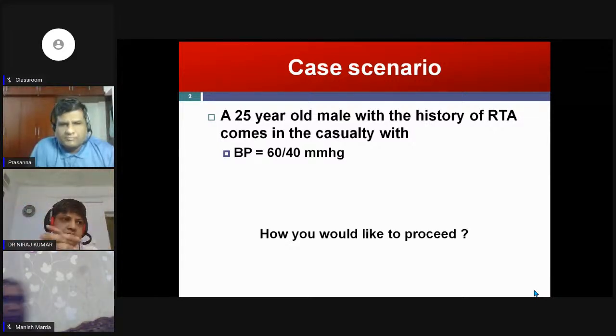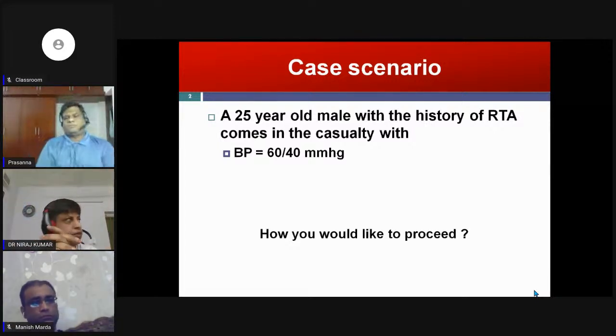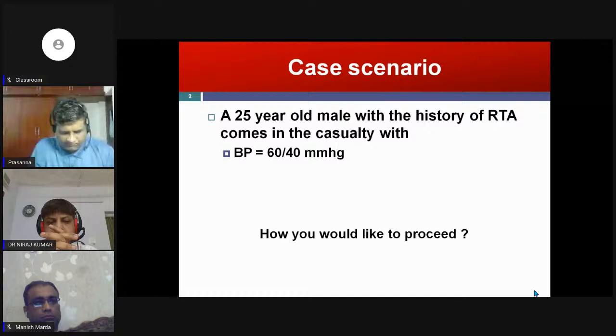So what may be the reason? Many of us face such a situation where the patient is in shock, and fluid resuscitation is not the only answer every time. So naturally, why is the patient not responding to fluid resuscitation?